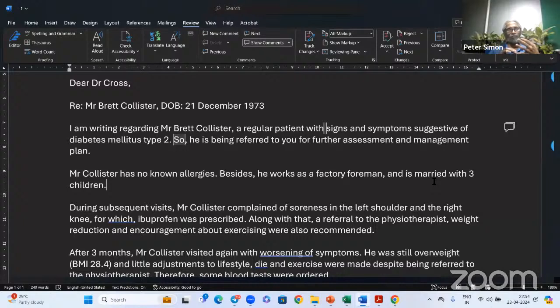Any information related to diabetes mellitus, you must write. And the information you think is expected by the endocrinologist is relevant information.